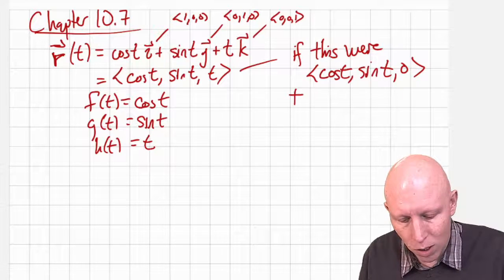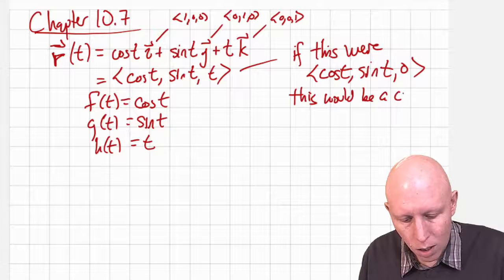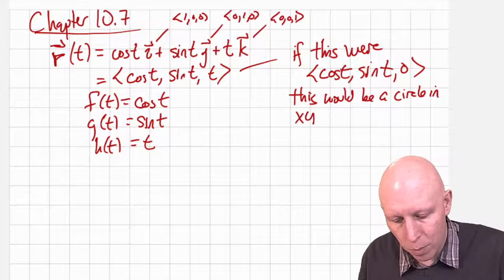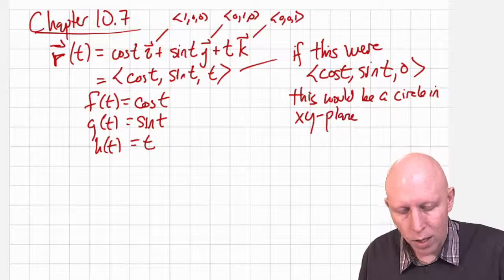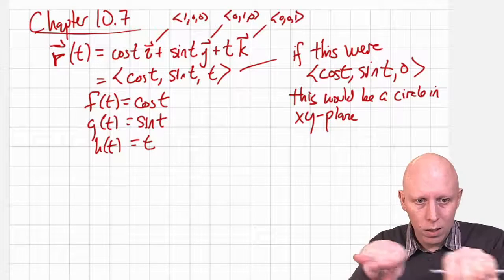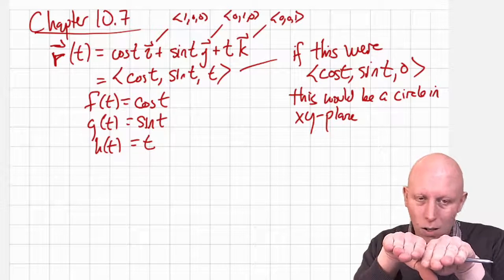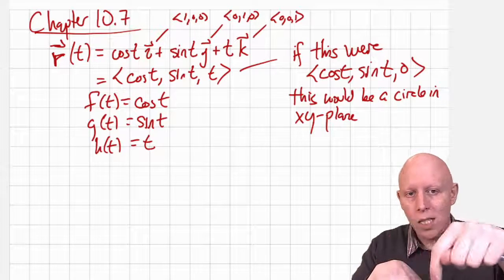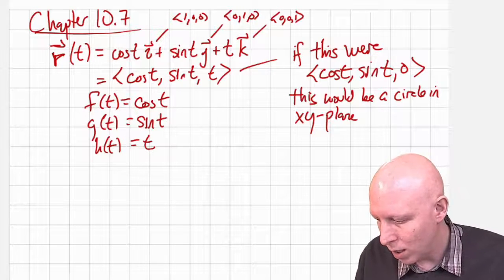This would be a circle in the xy plane. Z is equal to 0, so we're only in the xy plane, and we can ignore z. And we have cosine of t, sine of t, so that's just a circle in the plane.